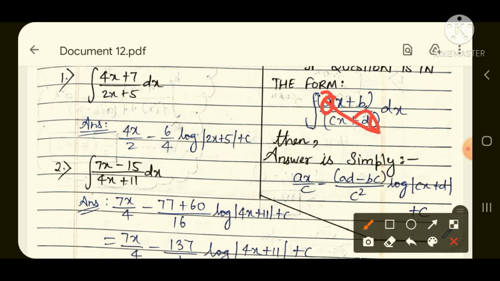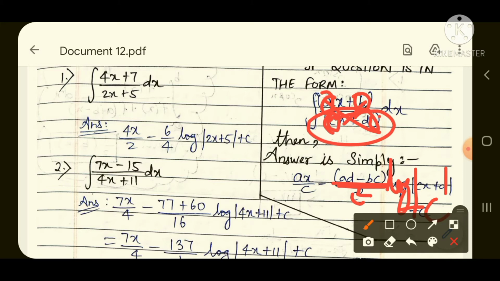We will multiply these two, minus we will multiply these two. It is a kind of cross multiplication method, by c square. Whatever is c, we will put its square in the denominator. Then log mod of cx plus d. Whatever is in the denominator, we will just put it here, and plus c. This is the required answer.